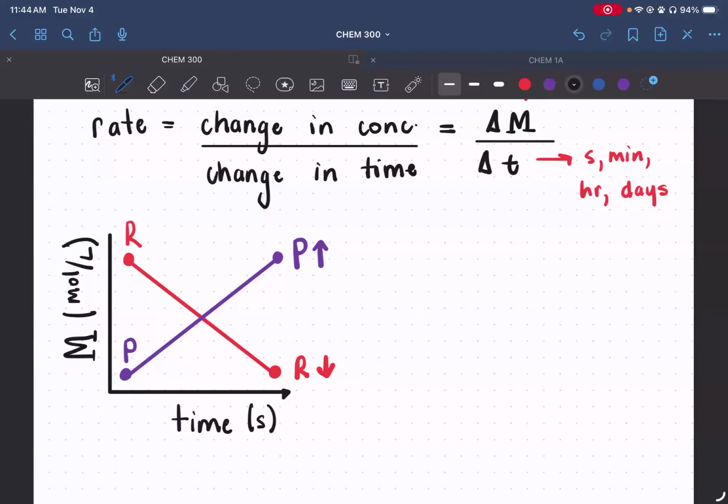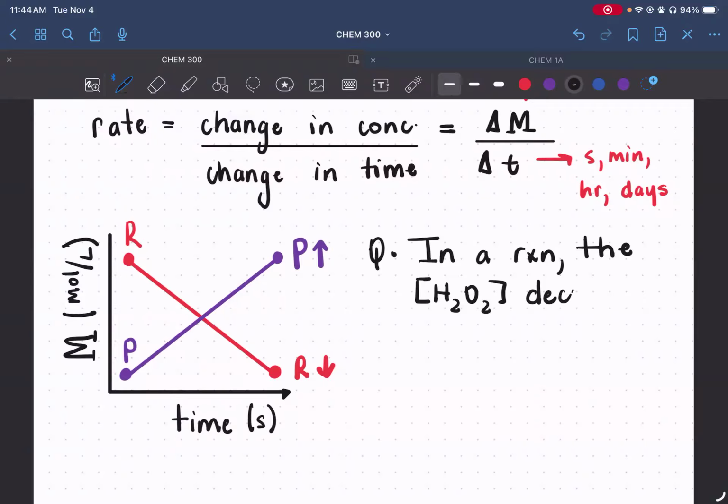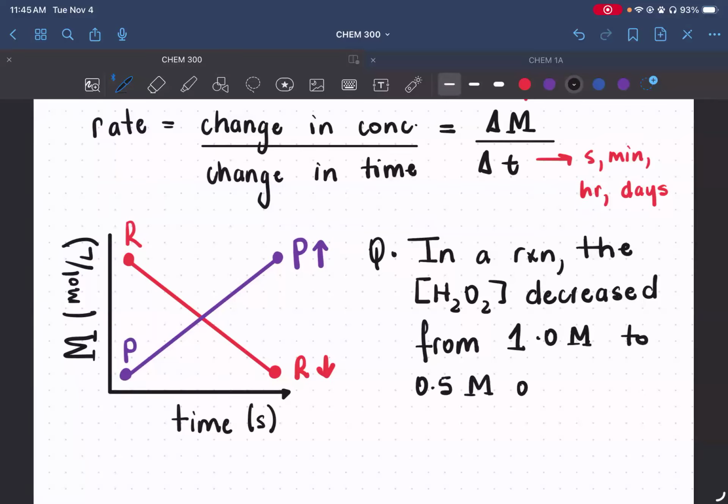Let's take a very sample question. The question simply reads, in a reaction, just abbreviated to RXN, the concentration of H2O2, hydrogen peroxide, decreased from 1 molarity to 0.5 molarity over 6 hours.